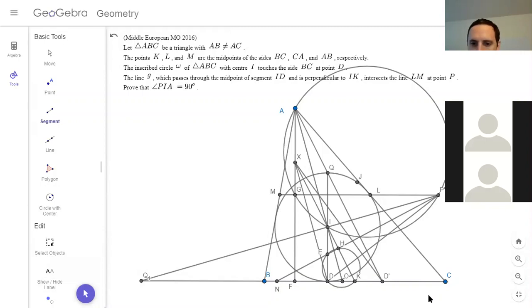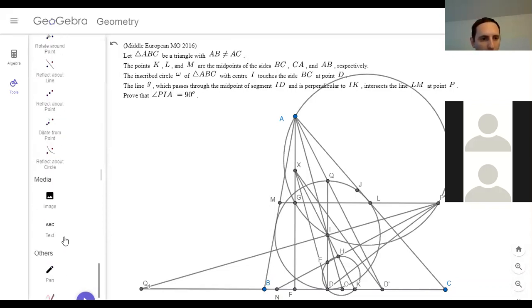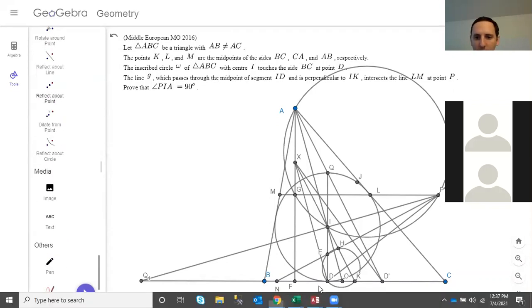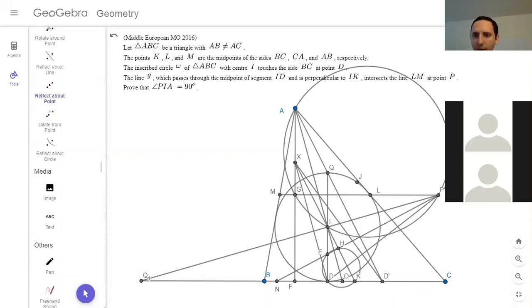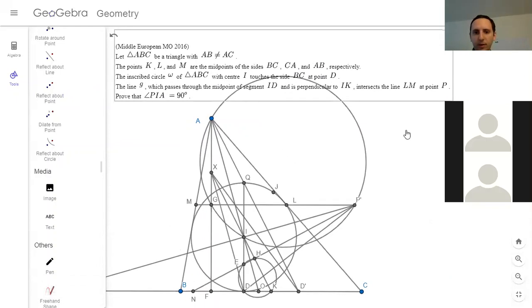Can you reflect D over P prime? Yes. Are you guys okay if I delete point Q1? Okay, so it's all the way up to there. Okay.